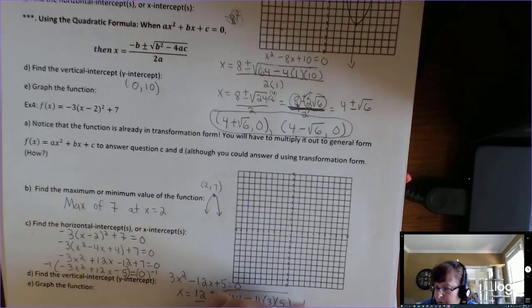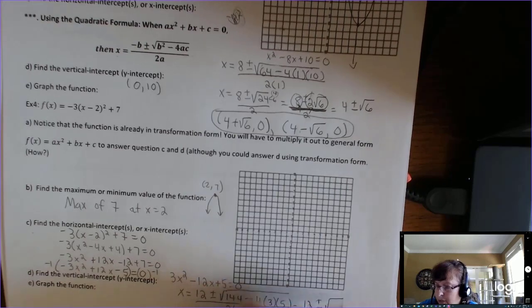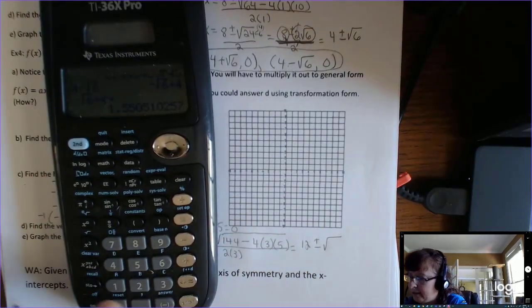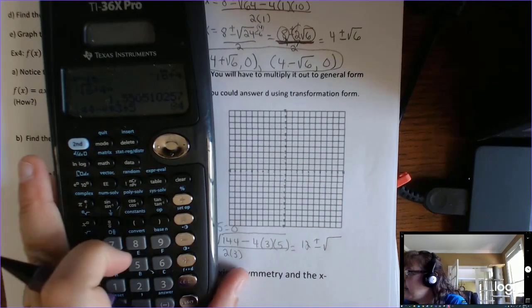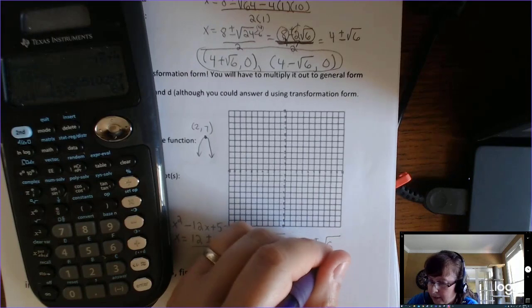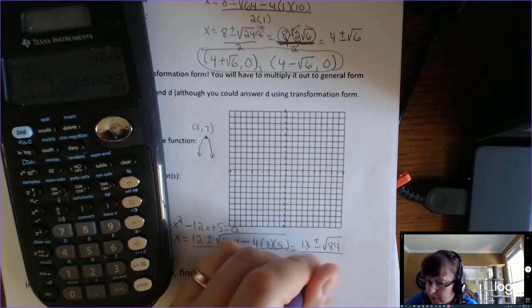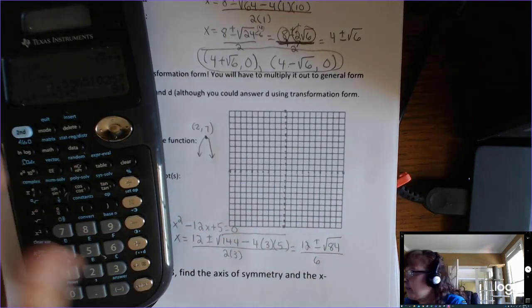That equals 12 plus or minus square root. Sorry, I'm going off screen. And then 144 minus 4 times 3 times 5 is 84 over 6. And then reduce that. So now I'm going to let the calculator do that.